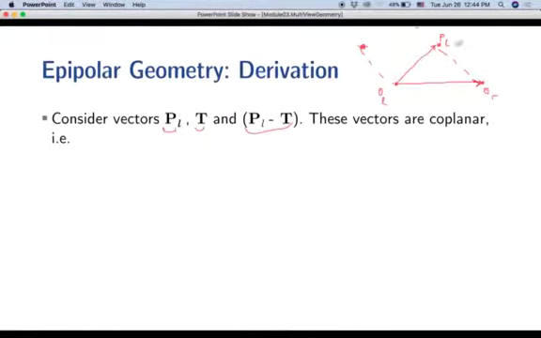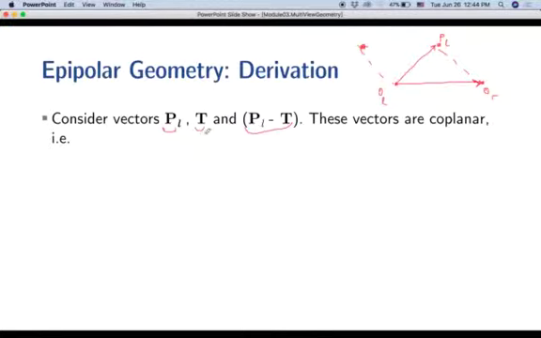So they are all coplanar in that plane, which is really the plane spanned by these two vectors, I could say. Pl minus T, because it's Pl and T, will also lie in the same plane, because it's a linear combination of vectors Pl and T. So I'm saying that these vectors are coplanar. Everyone agrees that they are coplanar?